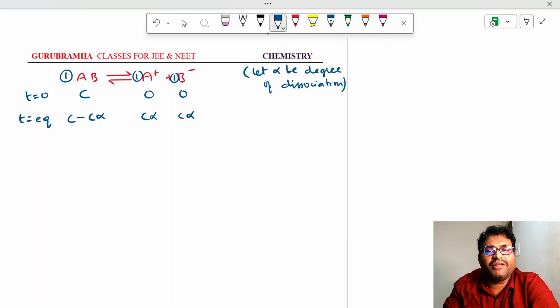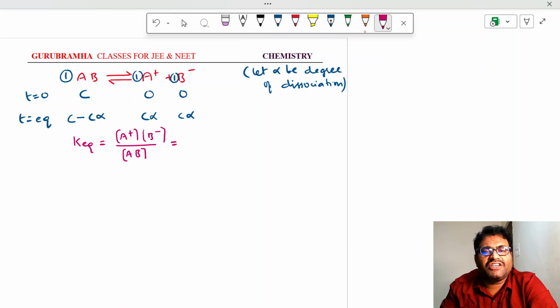Then how can you write the equilibrium constant for this? K equilibrium is equal to the product concentration by the reactant concentration. Already we have studied that these are the concentrations of reactant and product at equilibrium.